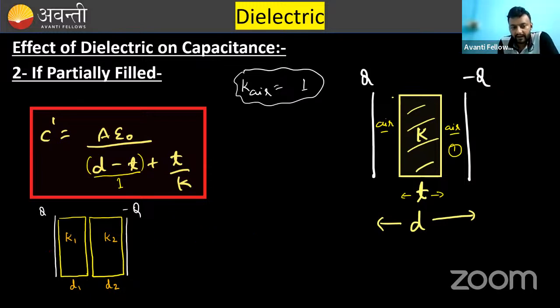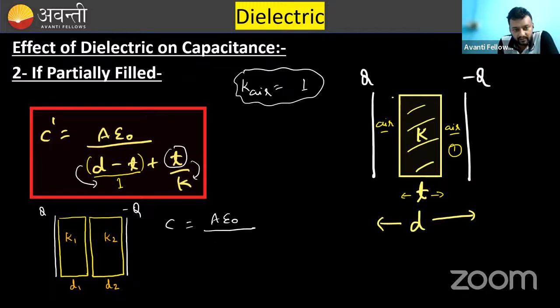So if I want to write the capacitance of this system, listen very carefully. A epsilon naught is in the numerator, divided by the thickness of the medium divided by its dielectric constant.